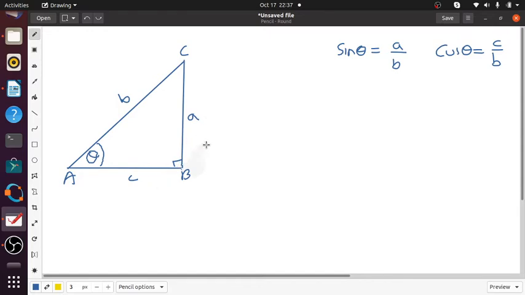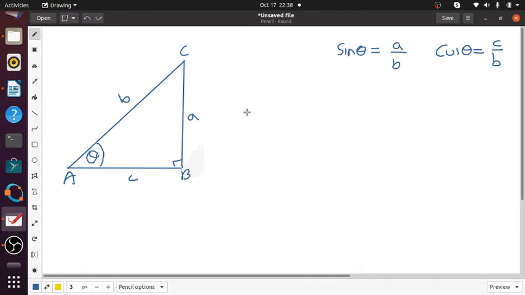This is basically the general type of problem you get when you are asked to solve triangles. So you are given one side and an angle, then you are supposed to find the other two sides. There will be combinations of these problems, but I will just specify the general problem that you would get.